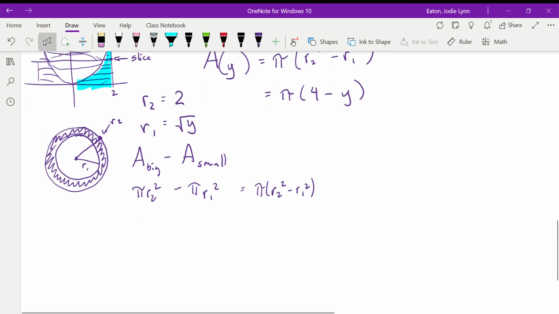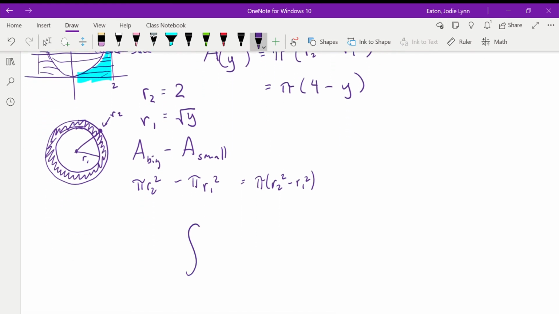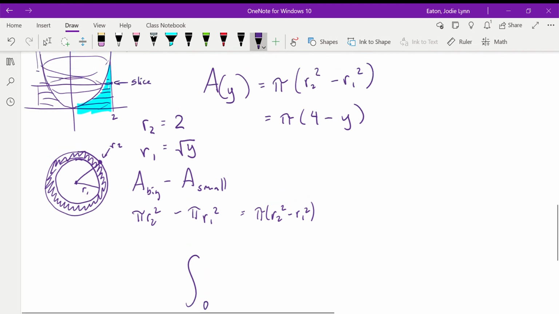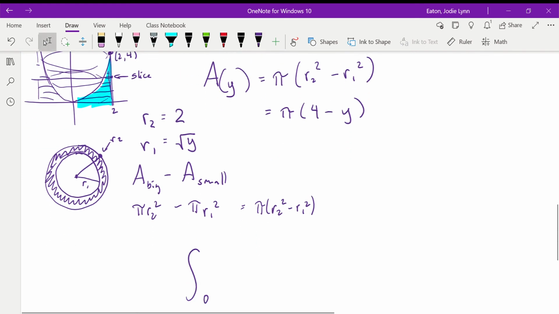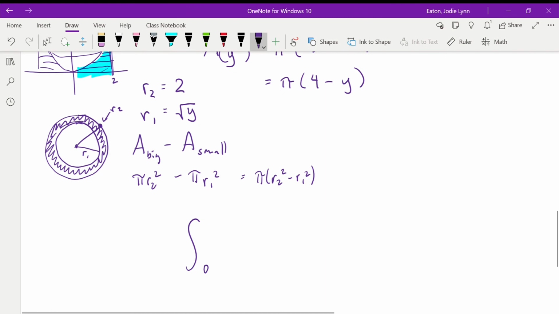So now we can actually integrate. This time I need to look at the limits carefully. Before, I was integrating from 0 to 2 because I was integrating across x. This point right here is actually 2 comma 4. Because I'm integrating in y, I'm adding up slices that I've sliced in y, so I need to integrate from y equals 0 to y equals 4, and my little slices have thickness dy.